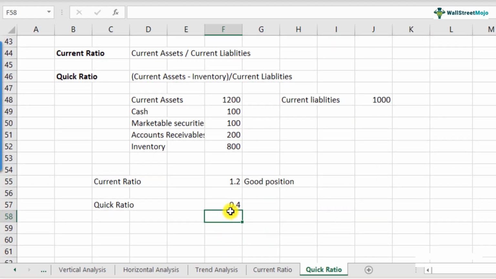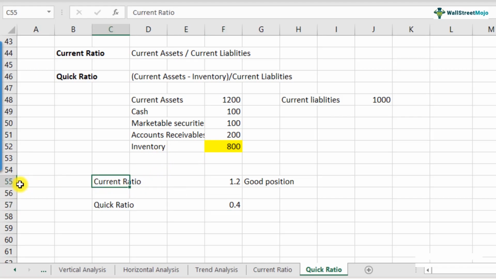We get 0.4. Now imagine a scenario where you are running a company and all of your inventory, like in this case, the majority of your current assets is actually stuck here in the form of inventory, and you're unable to sell the inventory. So what's happening? Quick ratio will immediately detect that situation, that your company is not having the right kind of liquidity position because most of your current asset is stuck in the form of inventory.